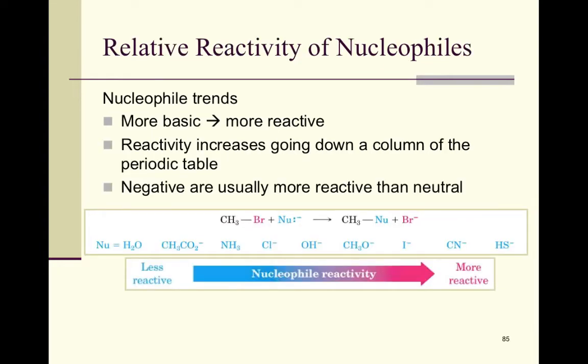In an SN2 reaction, we can look at the relative reactivity of nucleophiles. Which ones are better or worse? The nucleophilic trend is the more basic it is, the more reactive it is. Reactivity increases going down the column of the periodic table, and negative nucleophiles are more reactive than neutral.